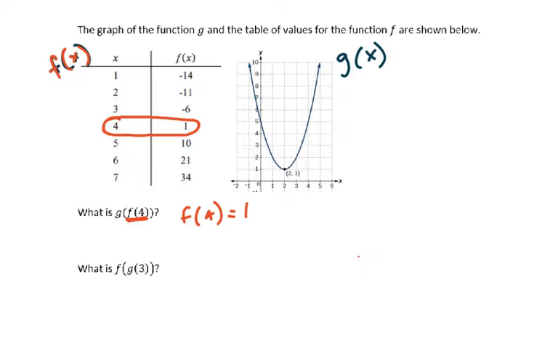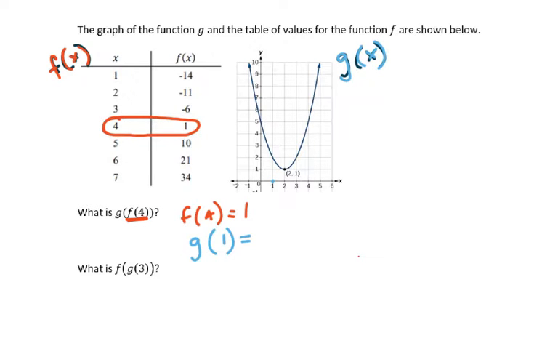So we are going to substitute 1 in for f of 4. Next, we want to find g of 1 because 1 is equal to f of 4. To figure out g of 1, we are going to look at our graph, which is g of x, and go over to where x equals 1.